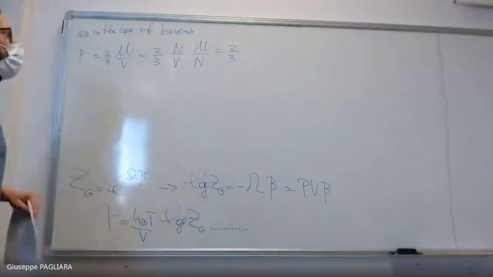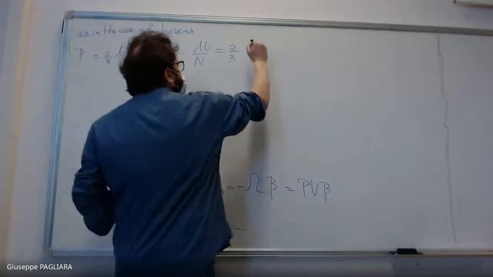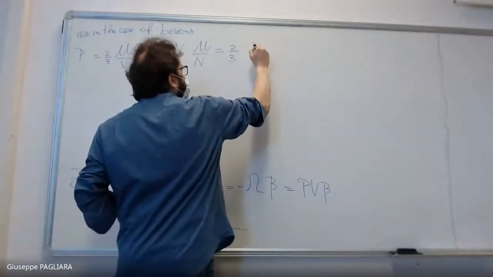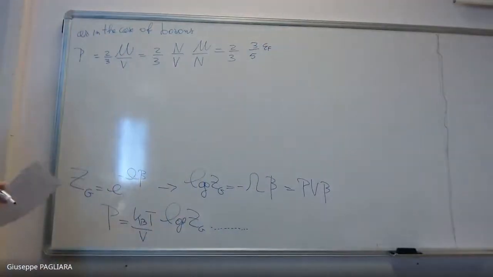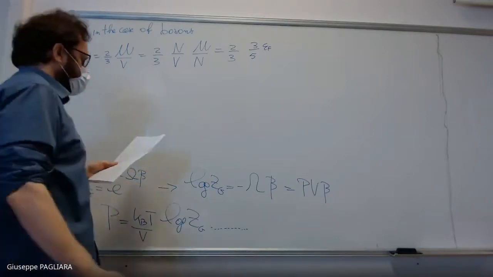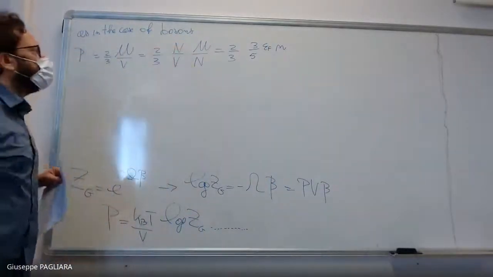U divided by N is the relation that we derived before, which is 3 divided by 5 the Fermi energy. Whereas, yes, then I have just a density. This is the density, N divided by the volume, okay?